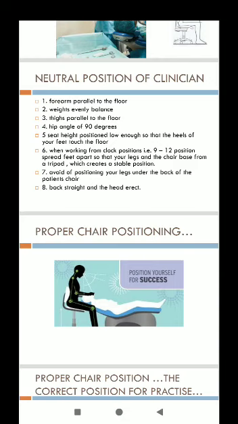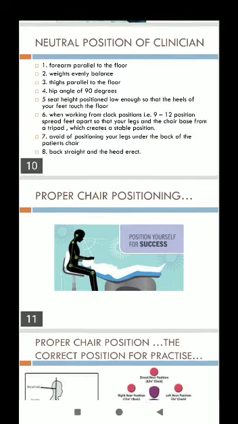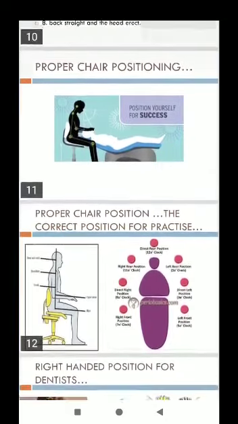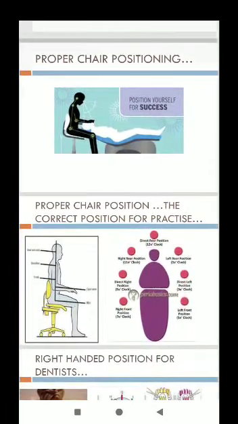This is the basic positioning of your body when you sit on an operator's stool. Proper chair position and correct position for practice: the head is erect, shoulder is straight, trunk is straight, upper arm and thighs and hips are parallel to each other.